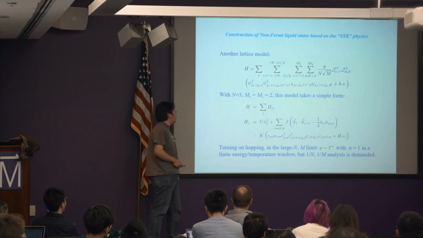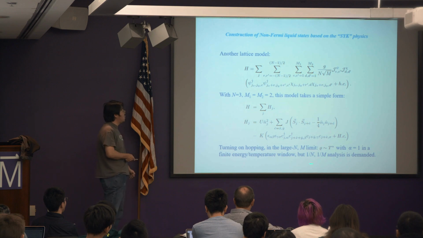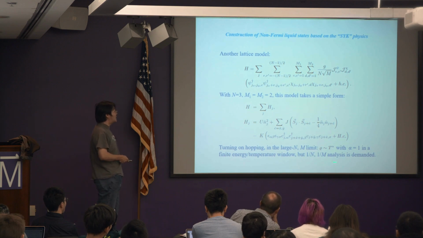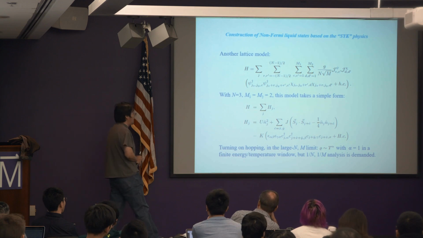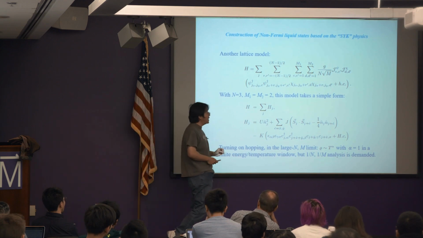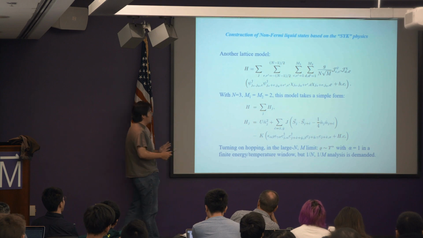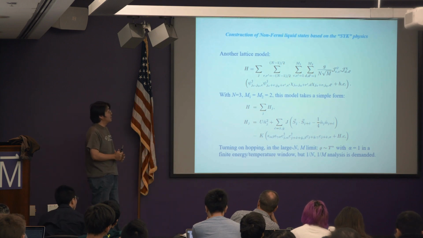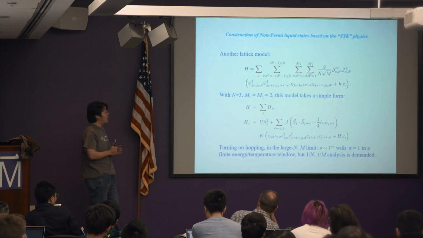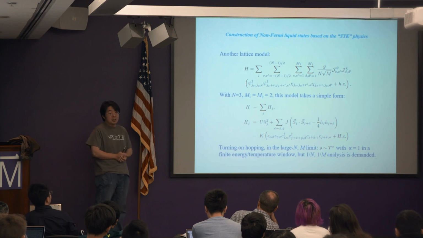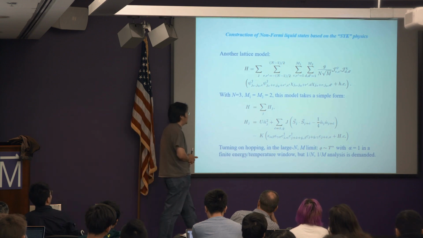The same story may carry over here, but we need to do the 1 over n and 1 over m analysis for this set of models. My understanding is that so far for the 3-index tensor model, the 1 over n, 1 over m analysis is not available yet, because we don't have a G-sigma kind of action to do the 1 over n calculation.